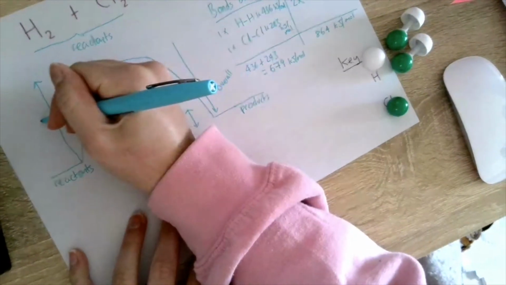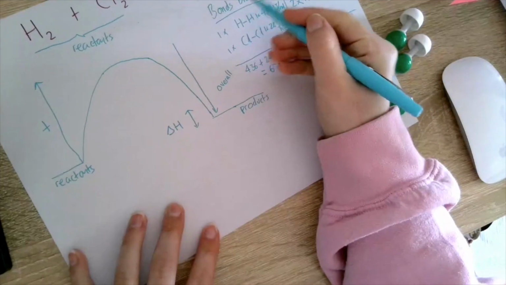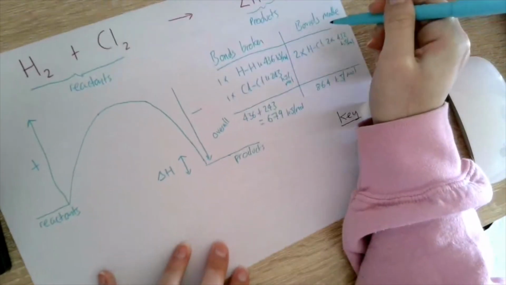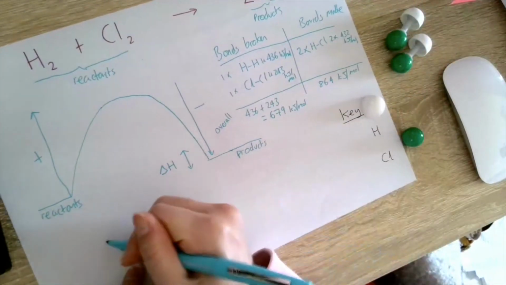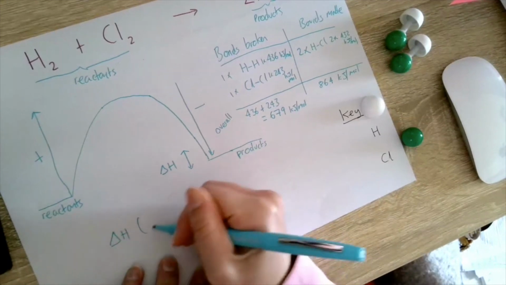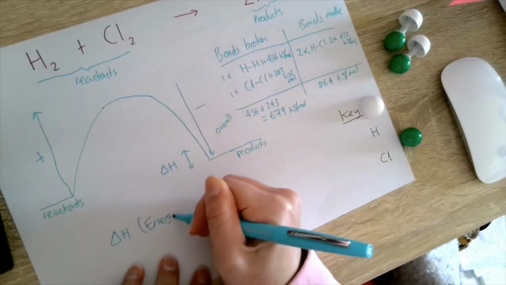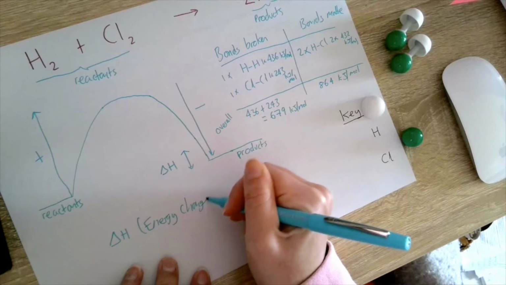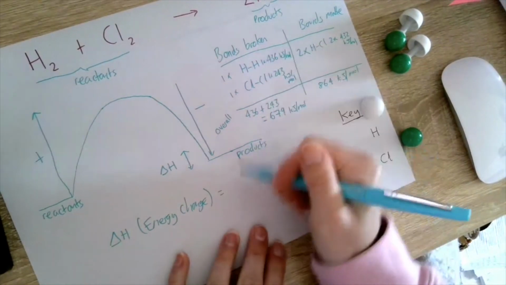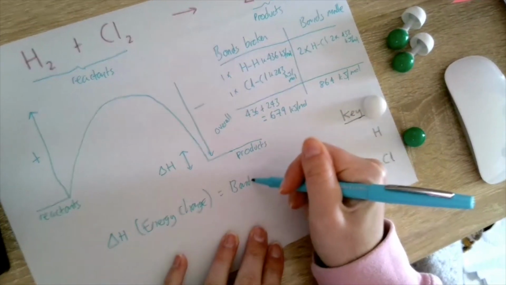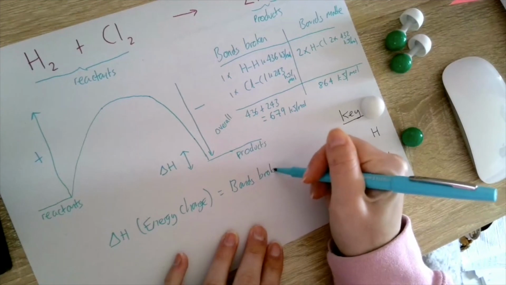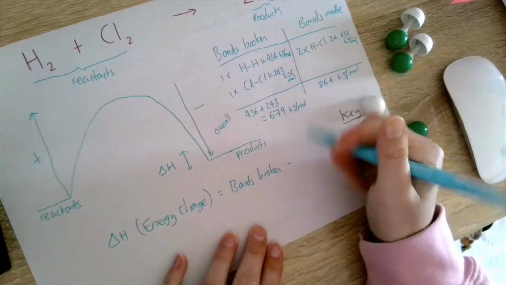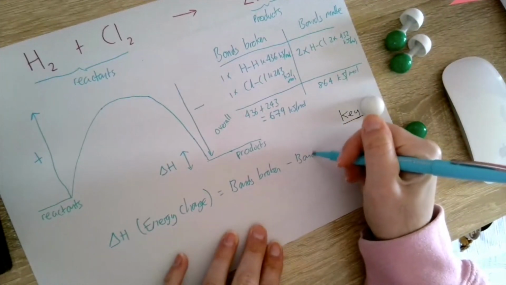So we're going to add our bonds broken, but we're going to subtract our bonds being made. So delta H, our energy change, is equal to our bonds broken minus our bonds made.